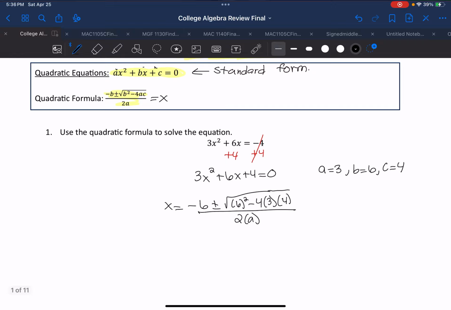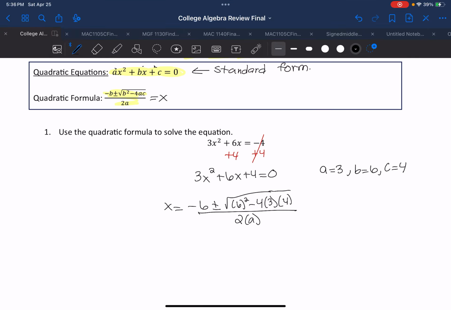Okay, so don't forget that this is all divided by 2 times a. It's all one fraction in this equation here. Oh, and sorry, a is equal to 3, so this would be 2 times 3 here.